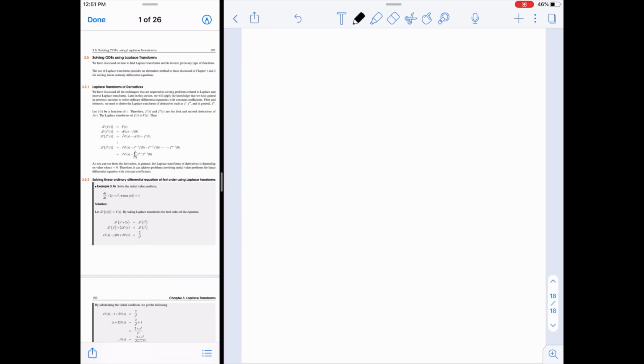Alright, before we go further, you need to understand some extra knowledge. When you take the Laplace of the function f(t), you will get F(s). This is the simple one that we have been introduced to.